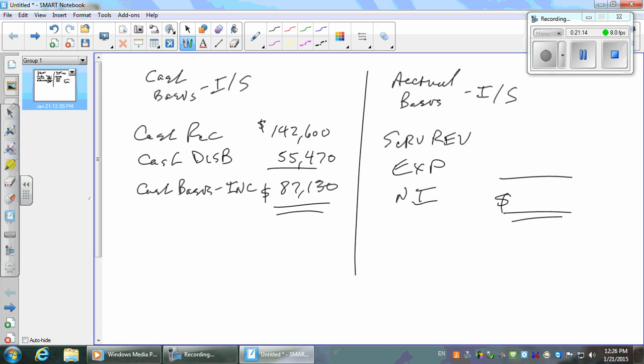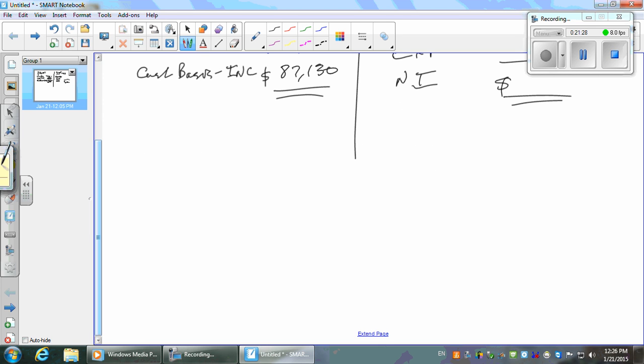And the one I gave you to take home, please do that or you'll go insane. There's a whole bunch of accounts. Group the ones that belong together and use them together. We know for revenues that there are cash revenues, right? So as we do revenues, I'm going for revenues up here on my accrual basis statement. It's going to be service revenue. I know that some are for cash.